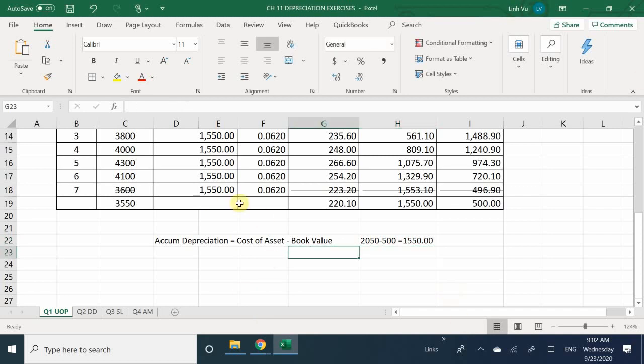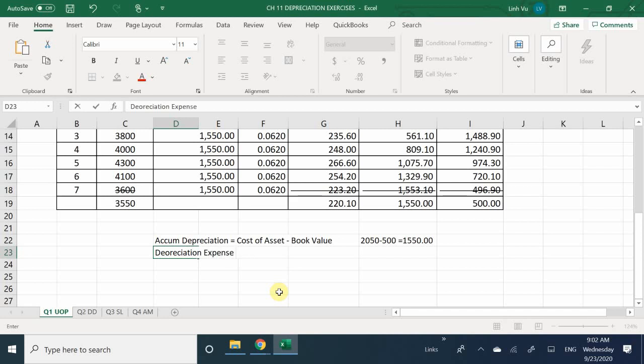Whereas in order to solve for the depreciation expense, okay, the formula here is going to be you're going to take your accumulated depreciation, I'm going to put it like that, minus your previous year's accumulated depreciation.